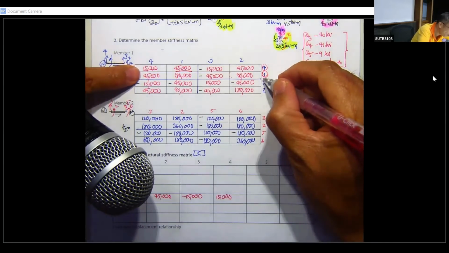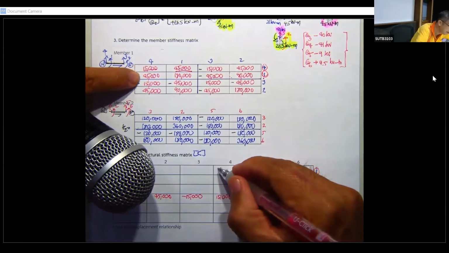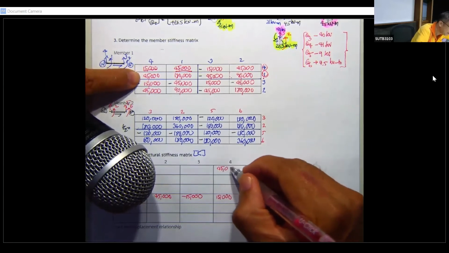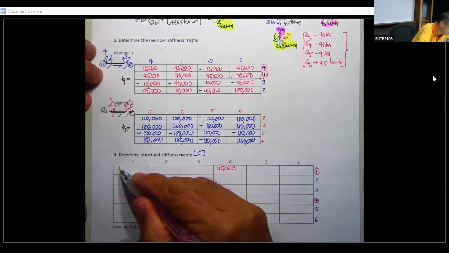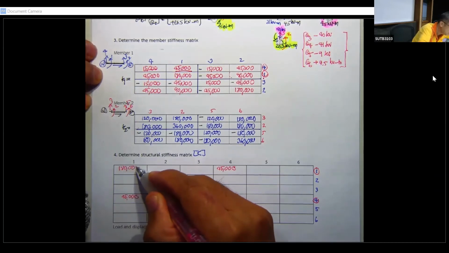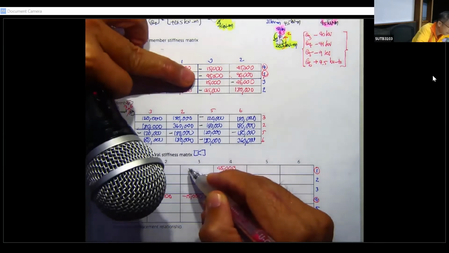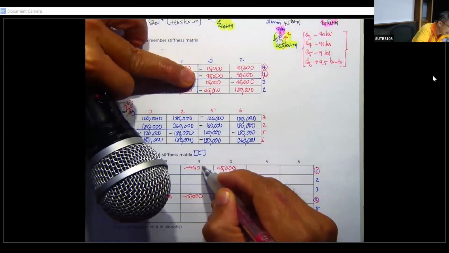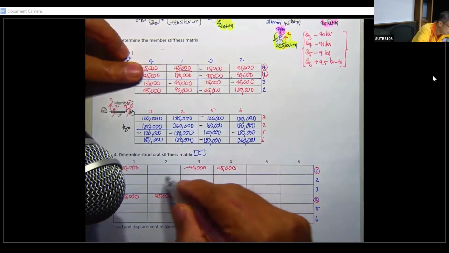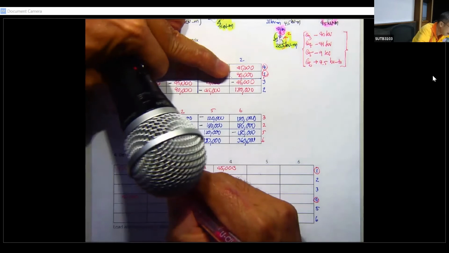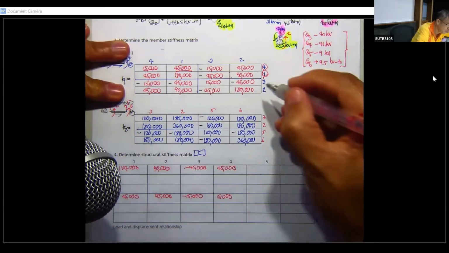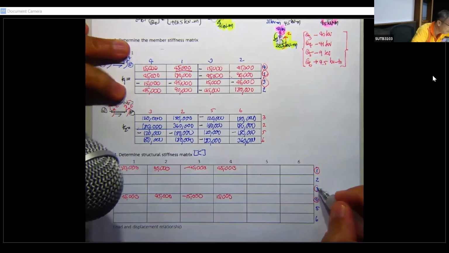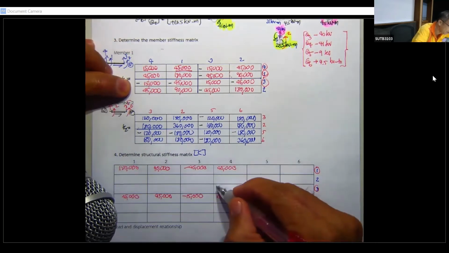Number 1 with 4. Okay, you start here, 45,000. So jump into 1. That is 180,000. Jump into 3, minus 45,000, and then jump into 2 over here. That is 90,000, and then you come to number 3. Number 3 with 4 is here.